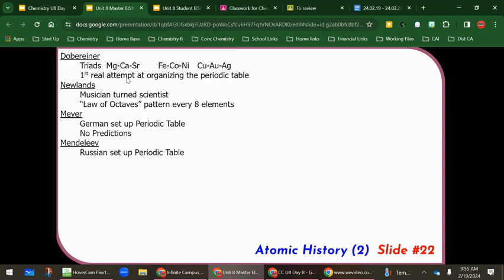Anyway, he also set up a periodic table, and it's his that we accepted, not Meyer's. There was a good reason we accepted his. He not only set up and organized all of the known elements, ladies and gentlemen, he left gaps or holes in his periodic table. Now you may be saying, gaps and holes, that seems dumb. He set up for elements that had yet to be discovered.